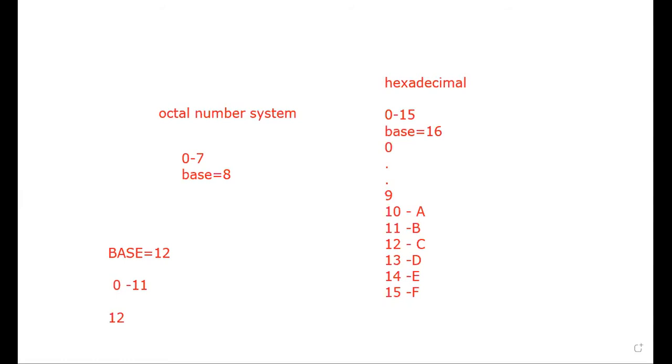Least significant digit is the digit that contains the least positional value in a number.